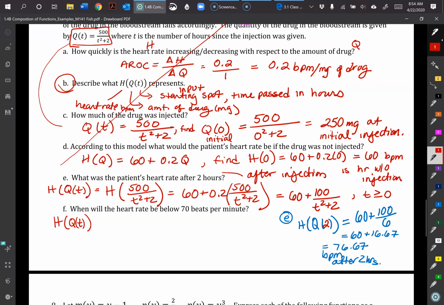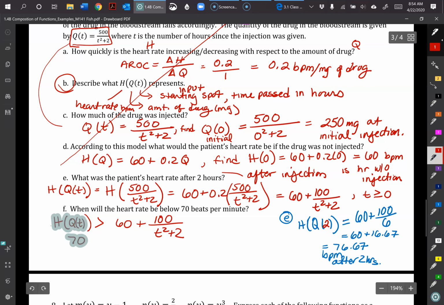And we want to know when 70 is greater than all that. This is one reason we had to have our composition formula done out. So we're going to set the H of Q of T equal to 70 and then solve it.